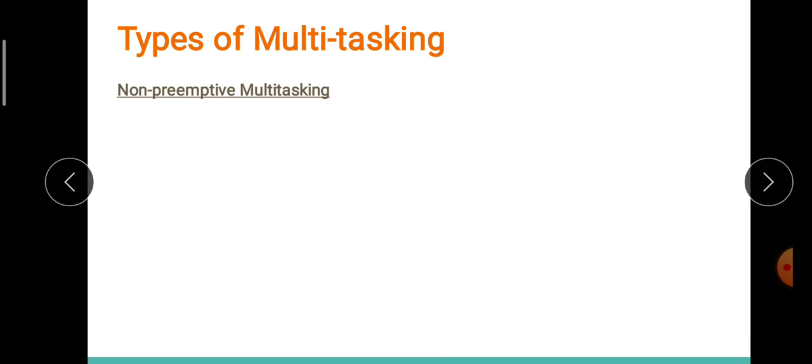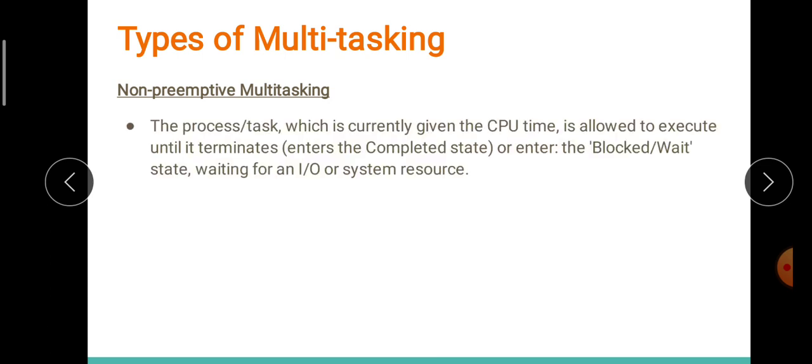Is that clear? So in cooperative multitasking, only once task 1 voluntarily, willingly gives the CPU can the other task execute. So they need a cooperation between the tasks, right? Preemptive multitasking. Here every task gets a chance to execute.